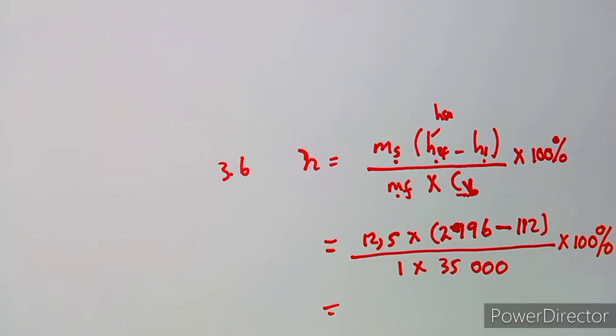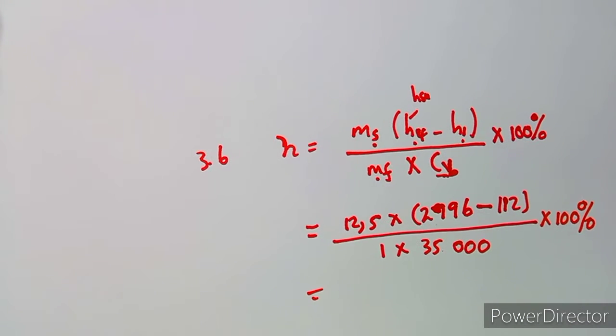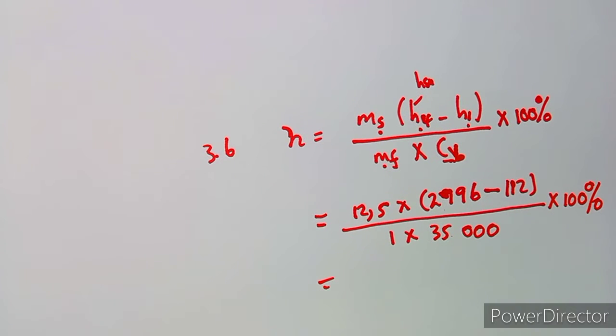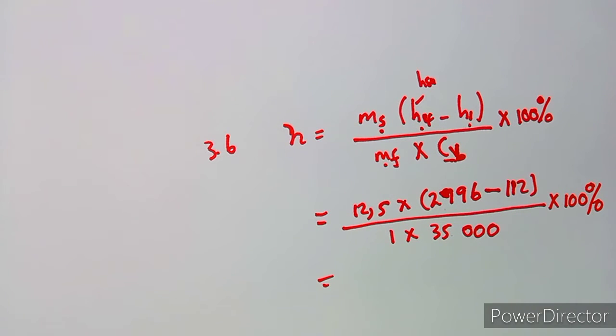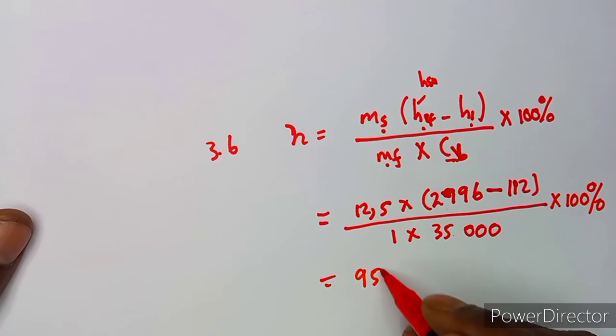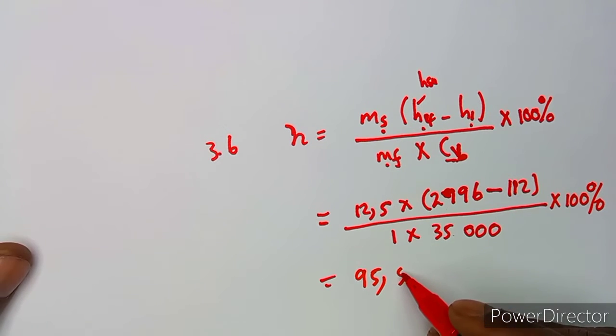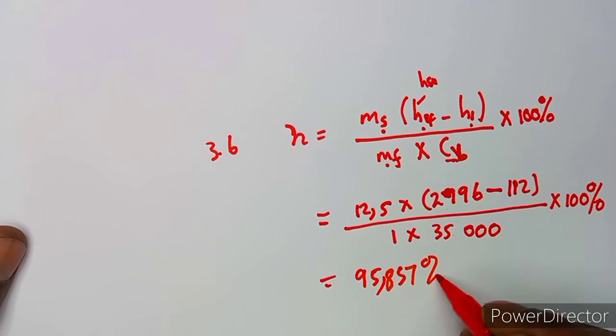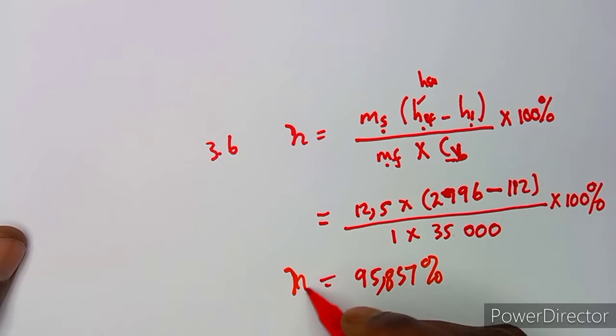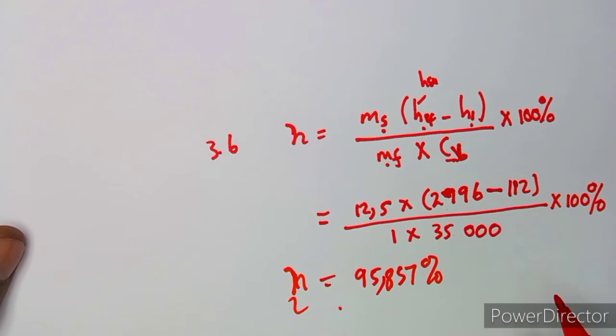It must be in kilojoules. So that's what you're going to have in this case, and this is going to give us something like 85,7571 and so forth, so it's going to be 85,7%, something like that. So that's what you're going to have as your efficiency.